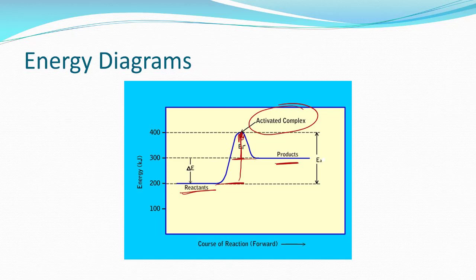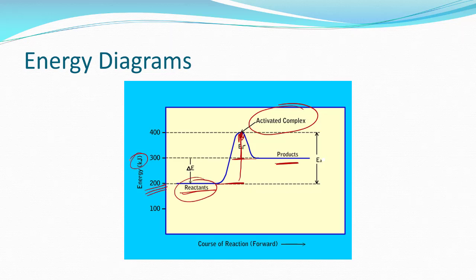Now, how do you know if a chemical reaction is endo or exothermic? The way you compare is by reactants and products. So if we look right here, our reactants are starting at 200 kilojoules of energy.